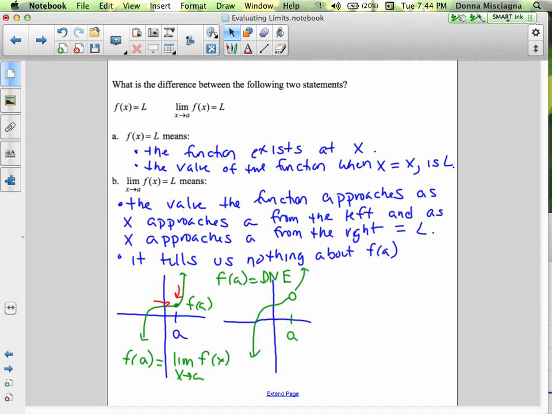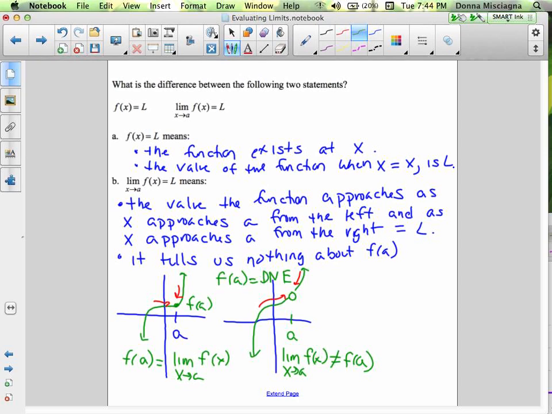But as we look from the left-hand side and the right-hand side, our limit does exist. So the limit of f of x as x approaches a exists, and it is not equal to the value of our function at a. So it could be that the limit and the value of the function are two different things.